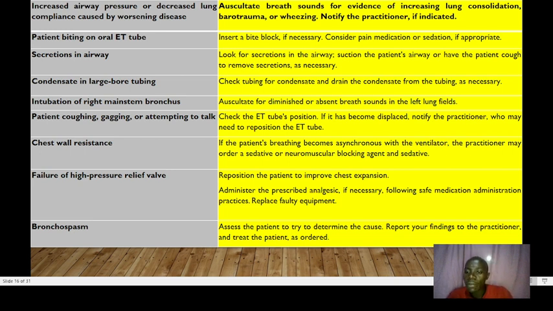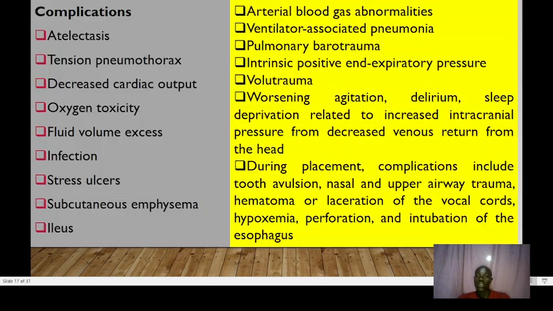They have to happen at the same time. If there is failure of high pressure relief valve, you have to reposition the patient to improve the chest expansion, administer prescribed analgesics if necessary, following safe medication administration practices, and you replace faulty equipment. In case of bronchospasm, you assess the patient to try to determine the cause. You could report your findings to the practitioner and treat the patient as ordered.